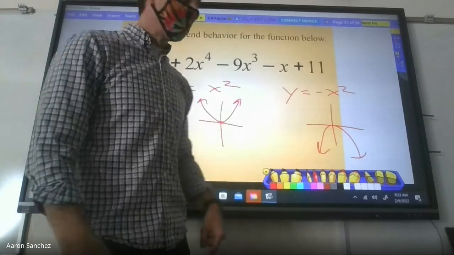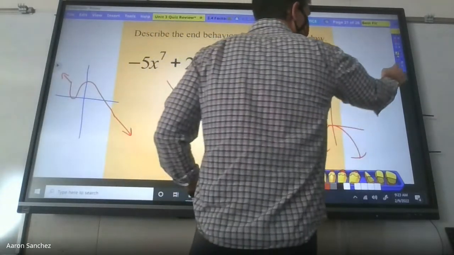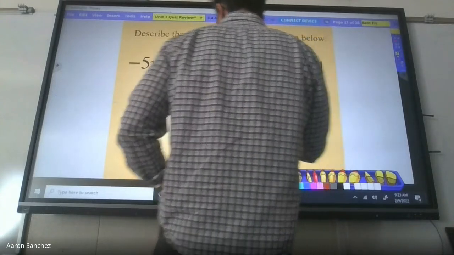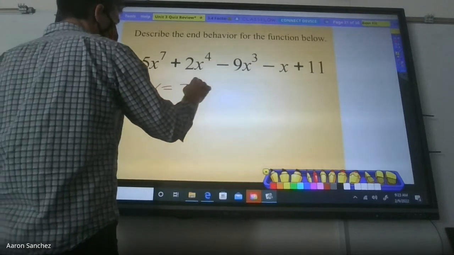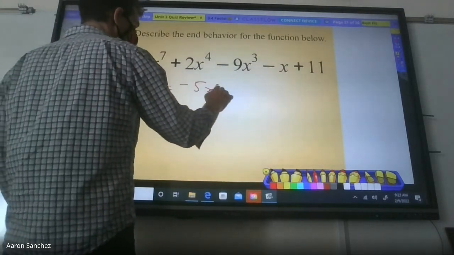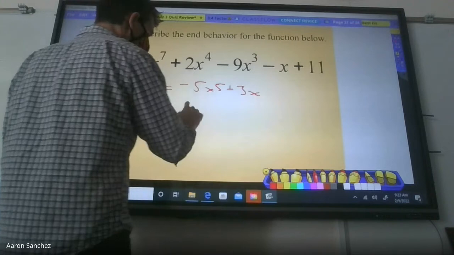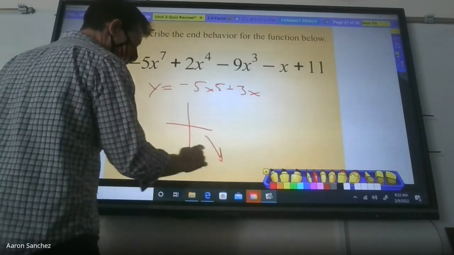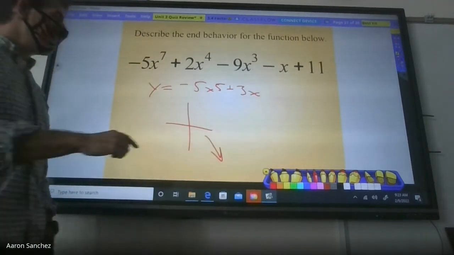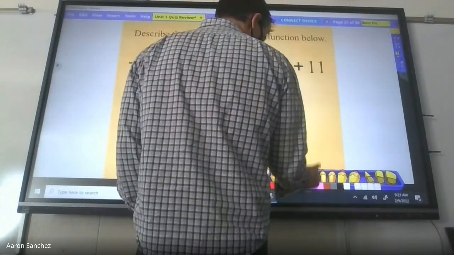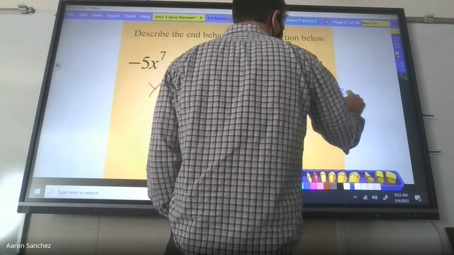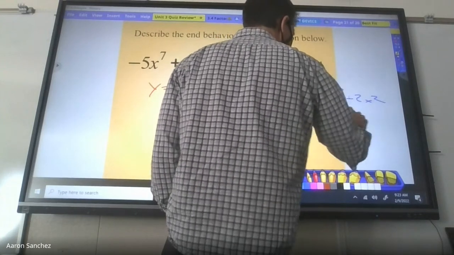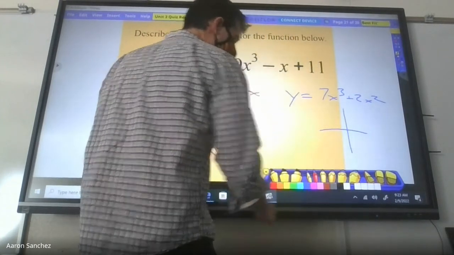But nonetheless, all I care that you know is, if this was y equals negative 5x to the 5th plus 3x, see how it's negative? That means it's going to go down that way. If it was y equals 7x to the 3rd plus 2x squared, whatever it looks like, how's that going to end?